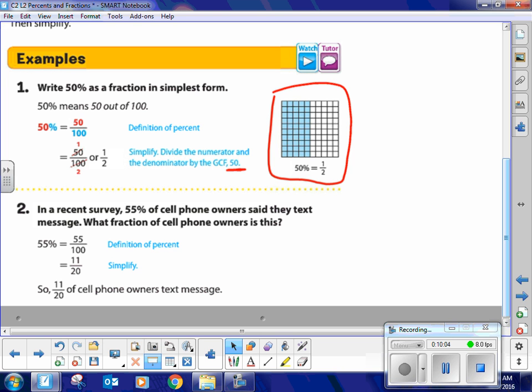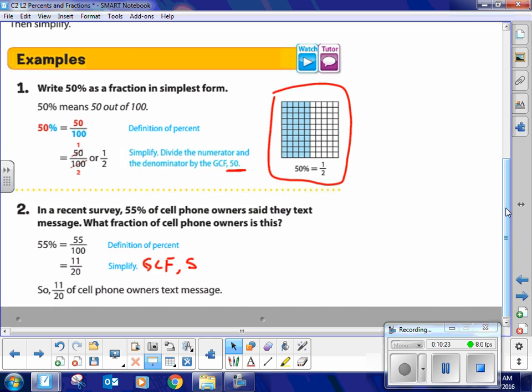To simplify, they are dividing each of these by 5. The GCF of 5 is what they're pulling out of those. When they divide each of those numbers by 5, they come up with 11 and 20. So 11 out of 20 of cell phone owners text message.